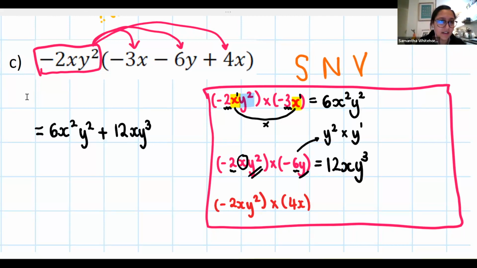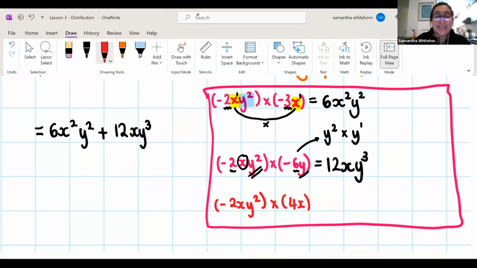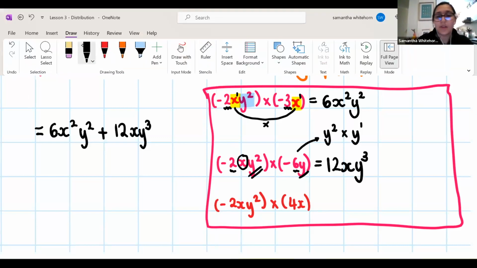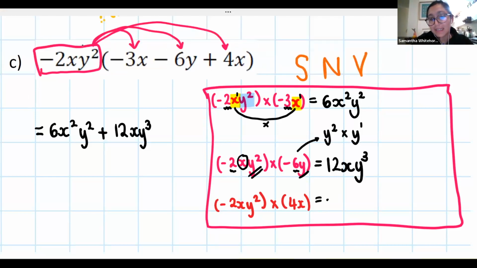Okay, guys, sorry. I realized that my cord was too short and we had chaos. But let us do this product here for ourselves. So we have got a negative times a positive. That's a bit different to what we were dealing with. A negative times a positive is a negative. Numbers: 2 times 4 is 8. Now I need to deal with my variables.